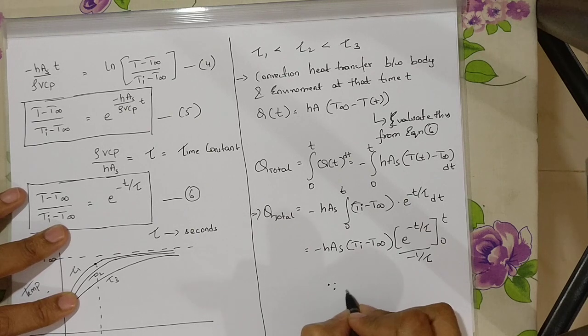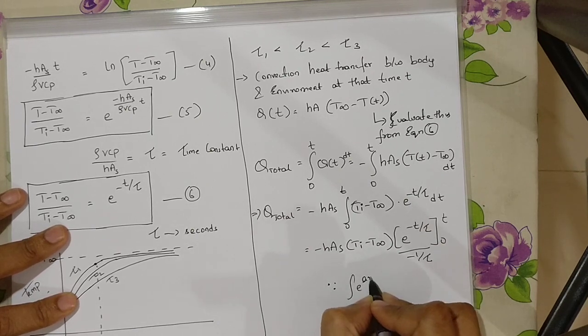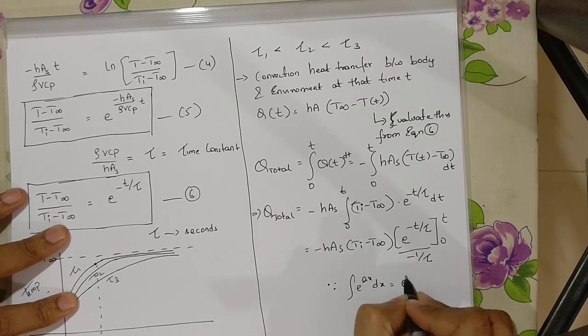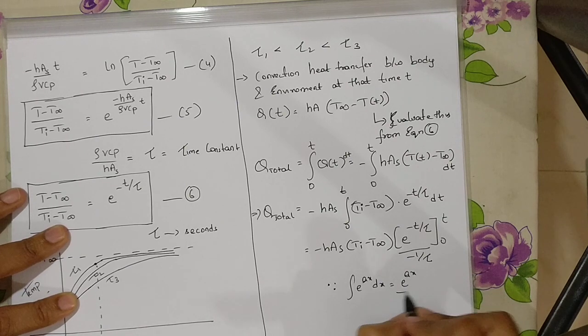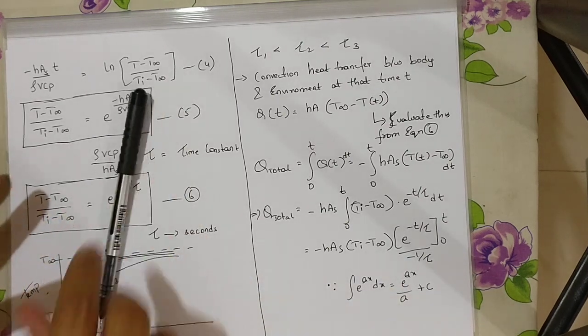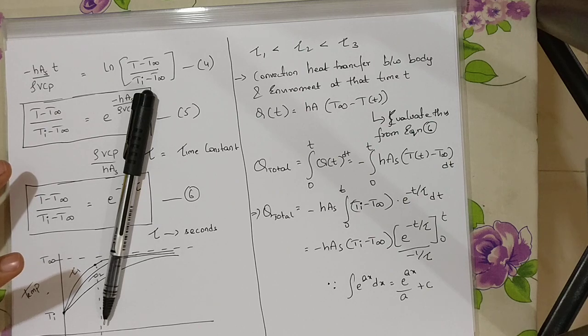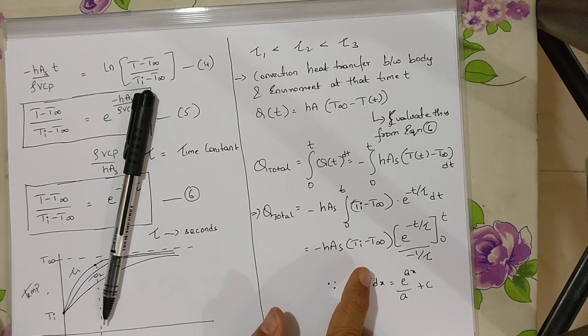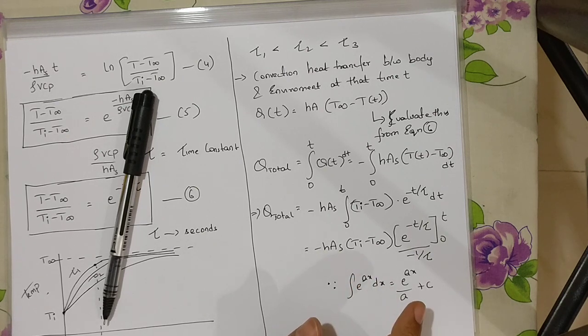Since the integration of e power ax dx would be e power ax by a plus c, right? Remember this identity from our 12th standard. So Q total will be minus hAs (Ti minus T infinity) into e power minus t by tau divided by minus 1 by tau.